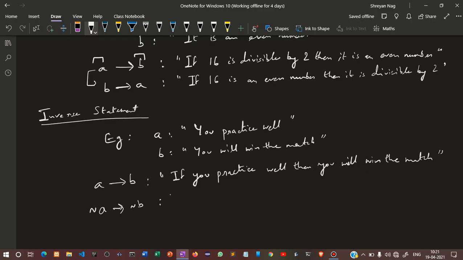Basically, we are negating this part and this part, changing the true statement into a false statement.